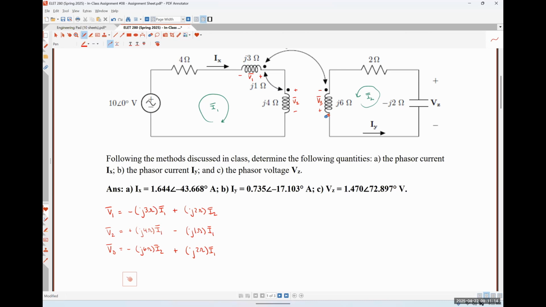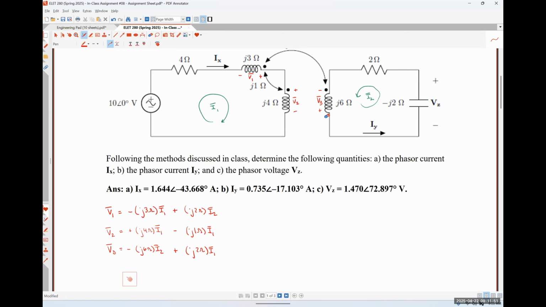So what I tend to do, because I am inherently lazy, is if at all possible, meaning that I get to choose the polarity of the terminals, I always put the positive polarity on the dotted terminal, and I always define my mesh currents to be flowing into the dots, so that everything gets plus signs. This particular circuit was designed so you can't do that, so that I could force you to practice. Okay.